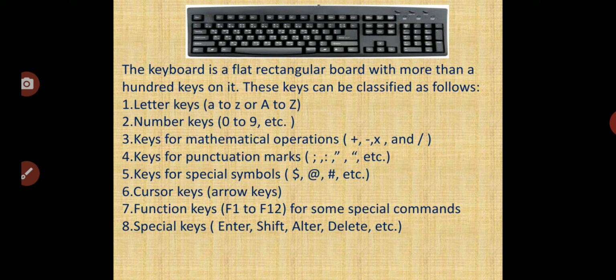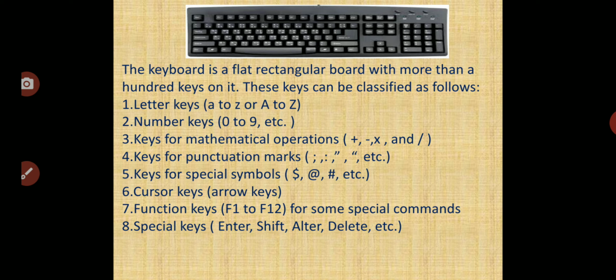Second one, number keys 0 to 9. Third, keys for mathematical operations: plus, minus, multiplication and division. Fourth one, keys for punctuation marks: comma, double inverted comma start, double inverted comma close, semicolon, etc.